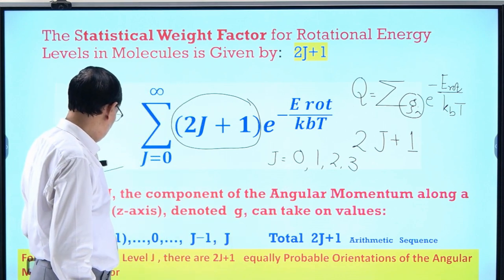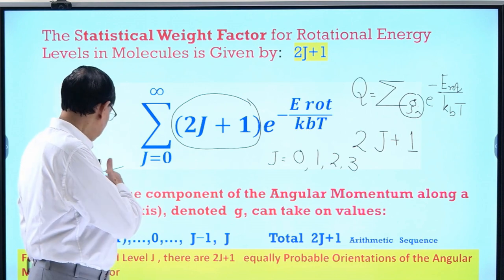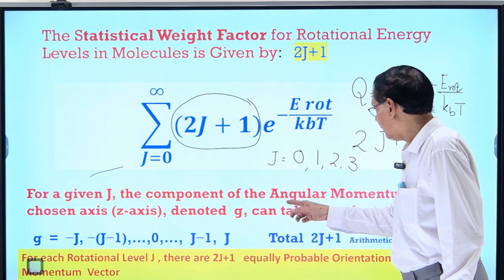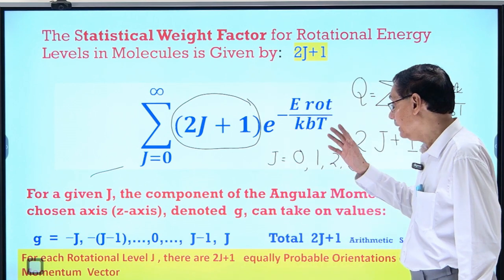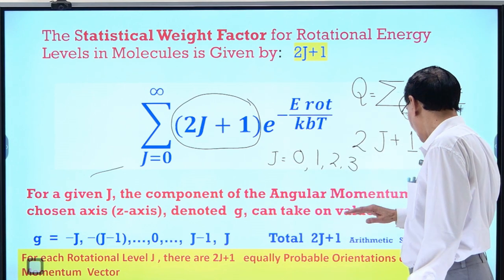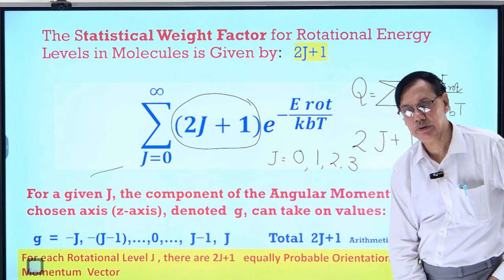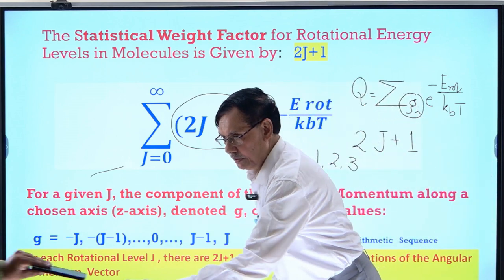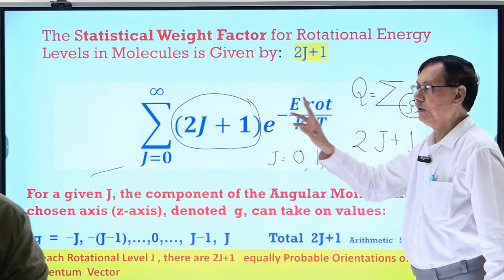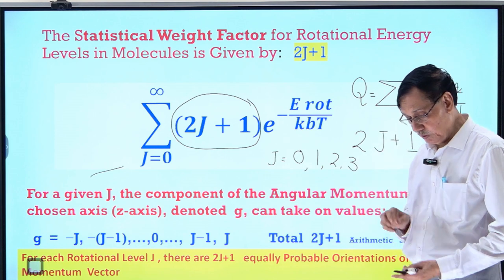That means the value of the angular momentum projection may be minus J, minus J plus 1, 0, up to J minus 1, J. So for each rotational level J, there are 2J plus 1 orientations of the angular momentum vector. So in a nutshell, you can call it simply that the value of g is equal to 2J plus 1. Okay?